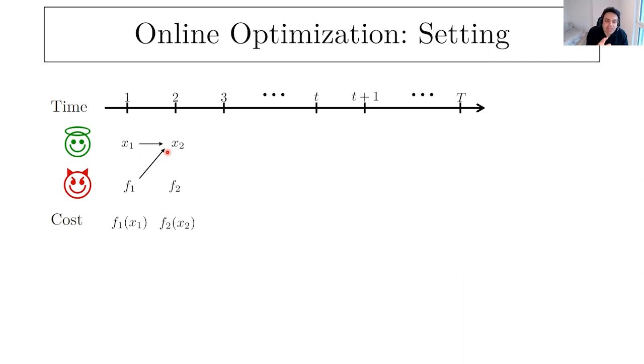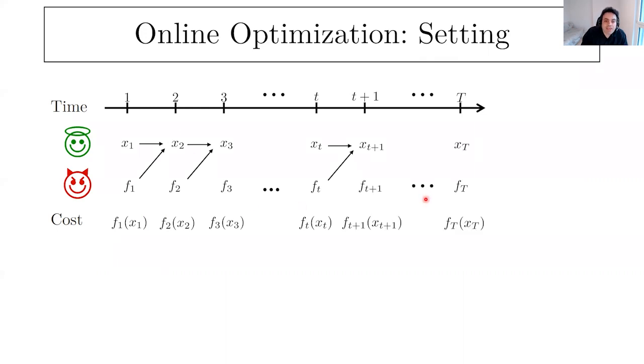This is really at the heart of this setting, and it's the important element that we are going to address. It keeps continuing like that: you make a decision xt, then the adversary is going to throw at you a new loss function, and that's the cost that you pay.